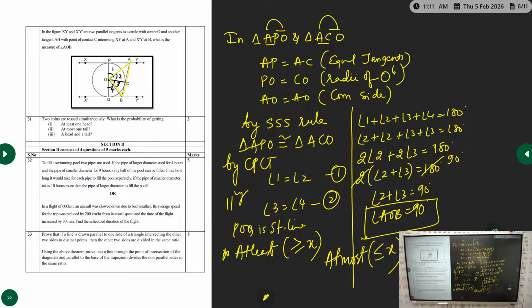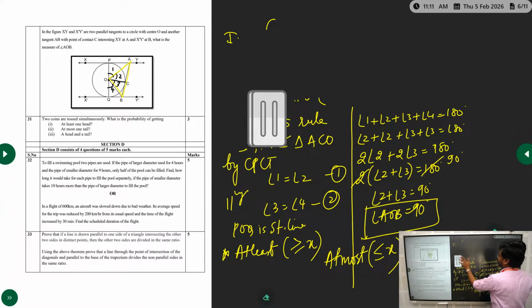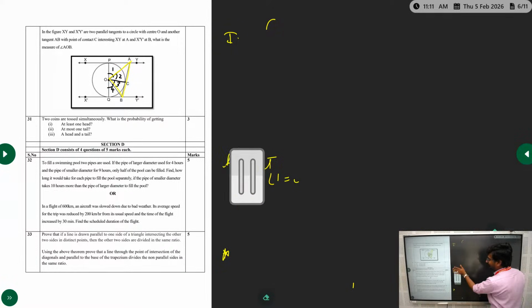Simple. Good, three or four people have done. One should be the larger pipe, one should be the smaller pipe. It should fill the swimming pool.